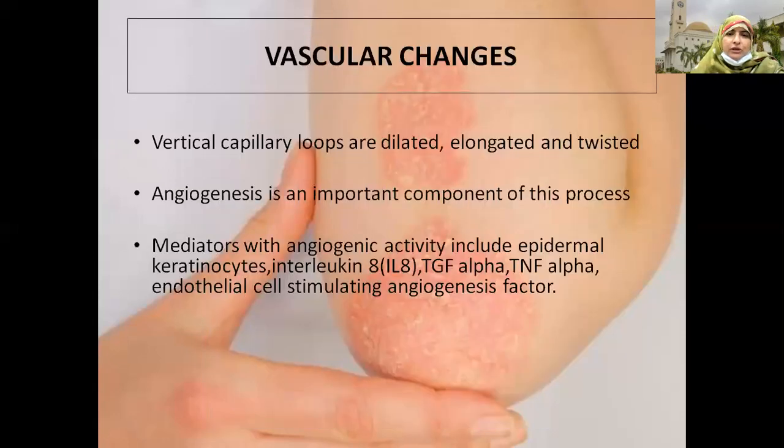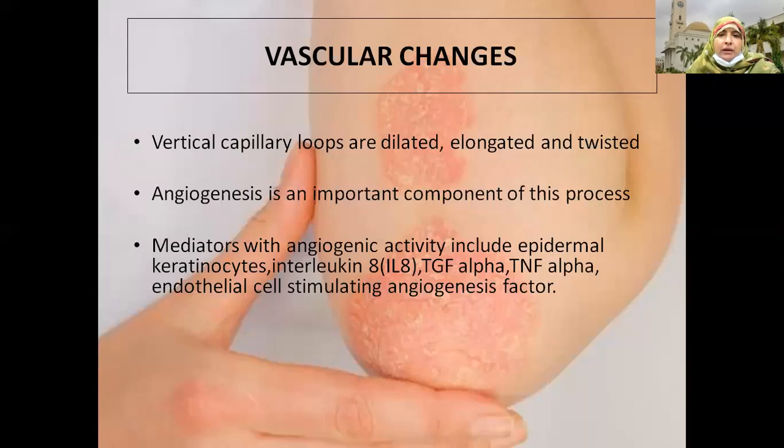Then what are the vascular changes? There are vertical capillary loops. As you know, these blood vessels are present in the dermis, and they become dilated, elongated, and twisted. So there is increased blood supply.